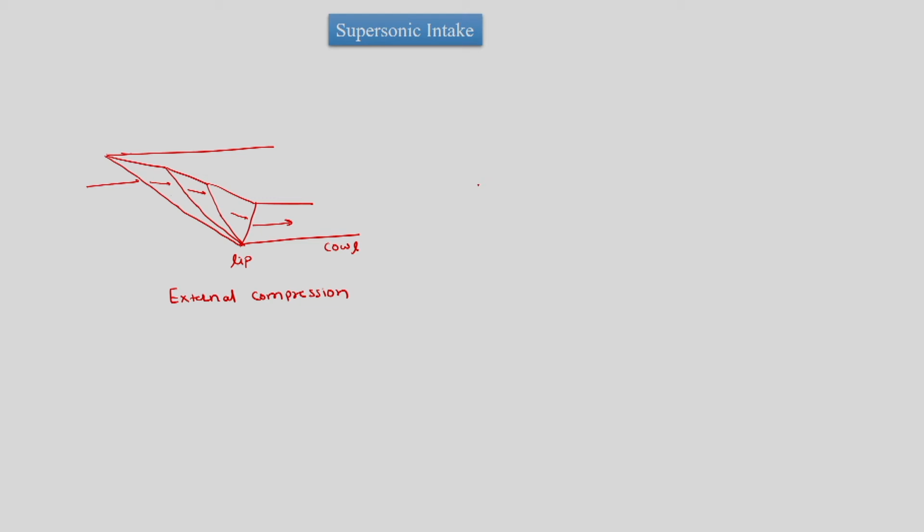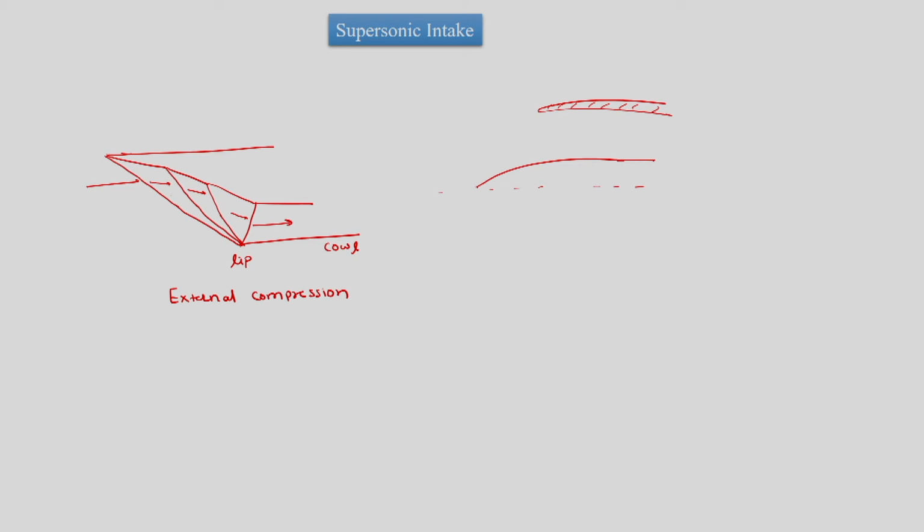So, a mixed compression intake would have both external compression due to the shock, and then there is a duct in which the rest of the compression would take place due to the shape and hence the associated shock structure. So, this is the aircraft.